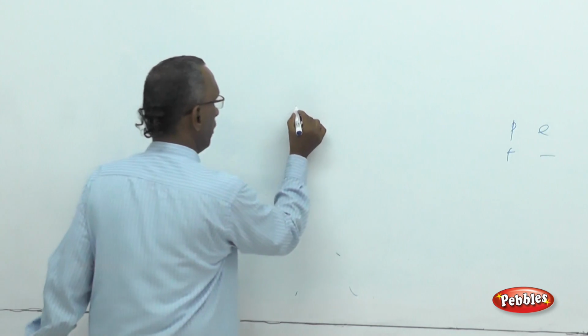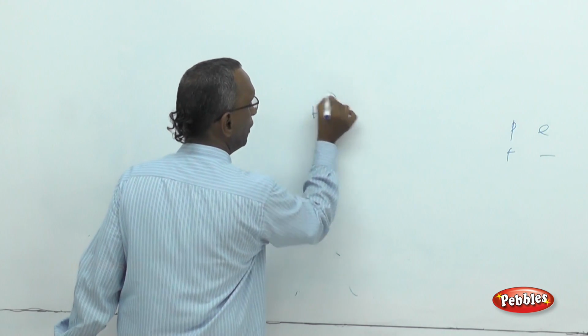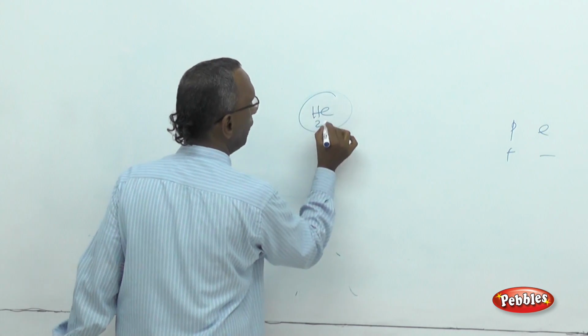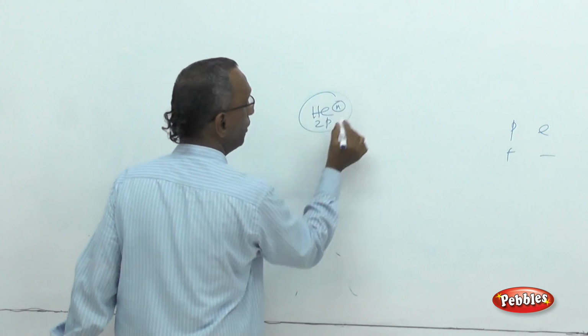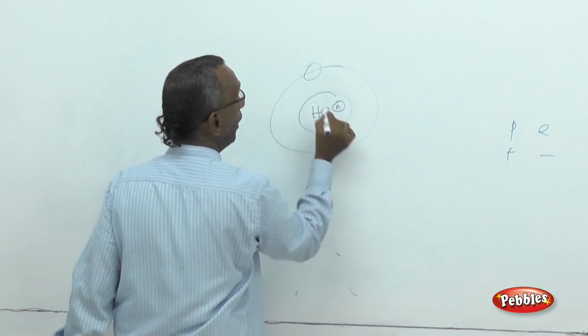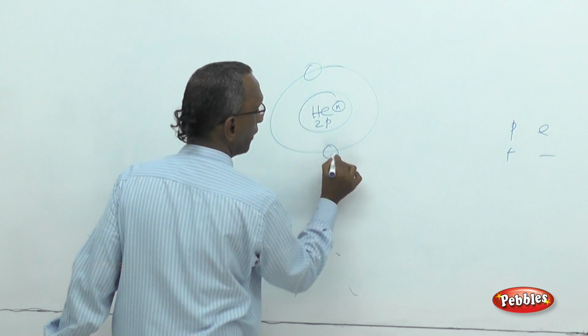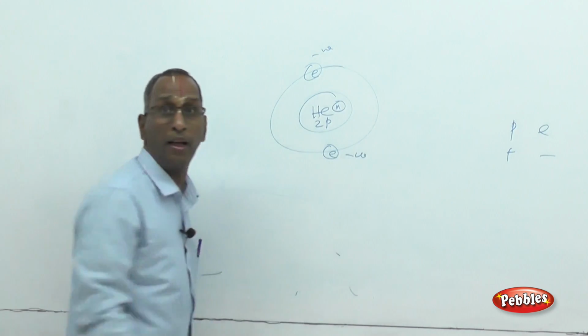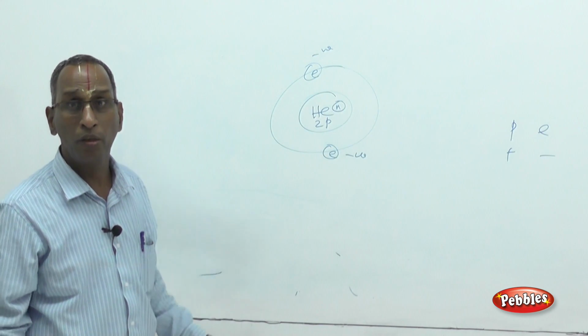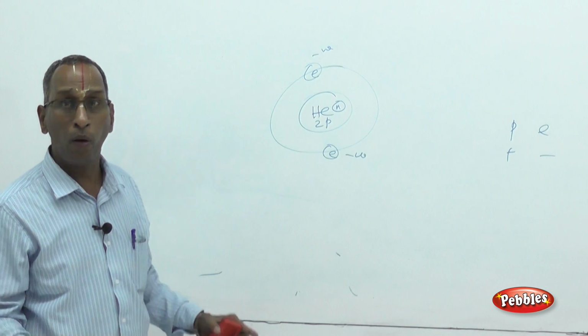Let us take the case of helium. The helium nucleus will contain 2 protons. It may contain some number of neutrons, but outside you have 2 electrons. Both electrons are negatively charged, so they will repel one another.